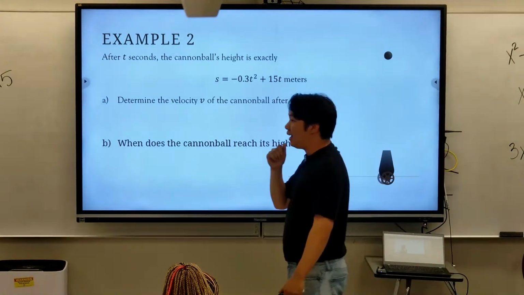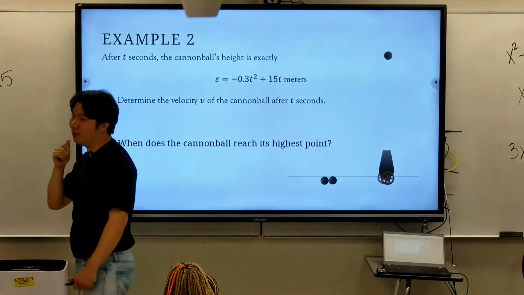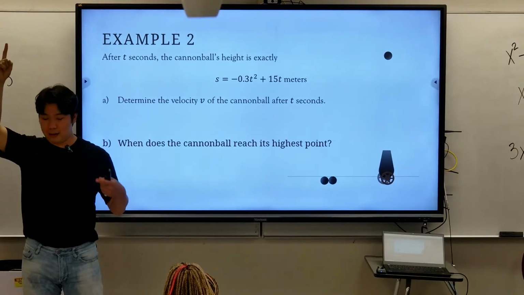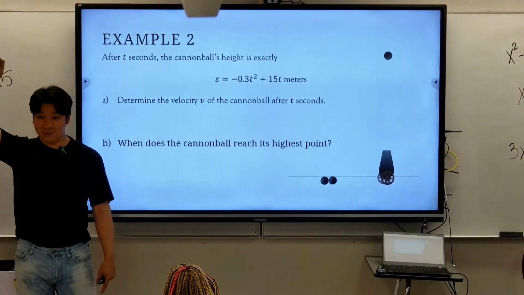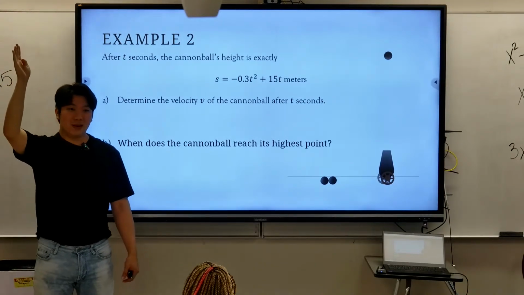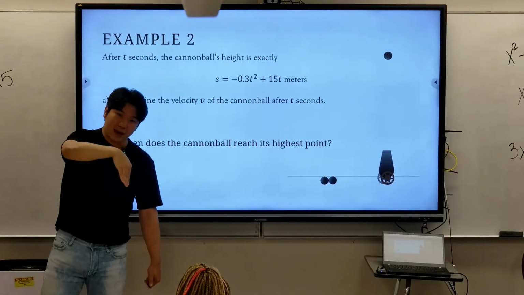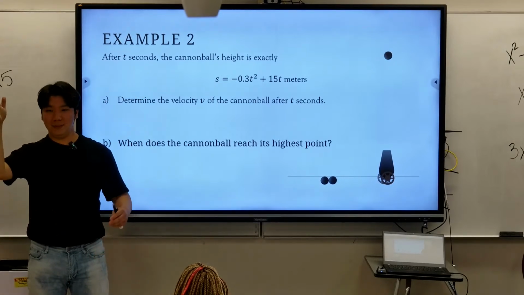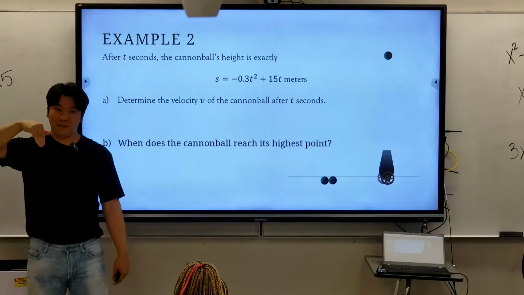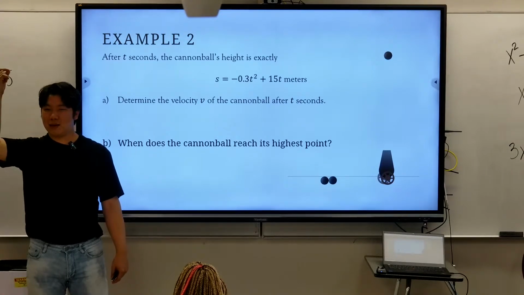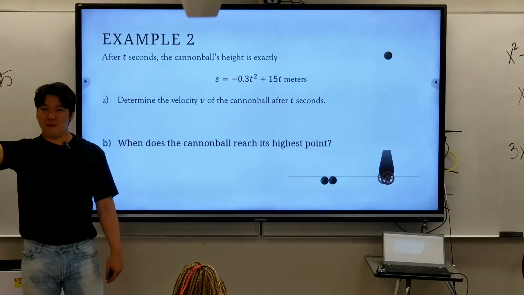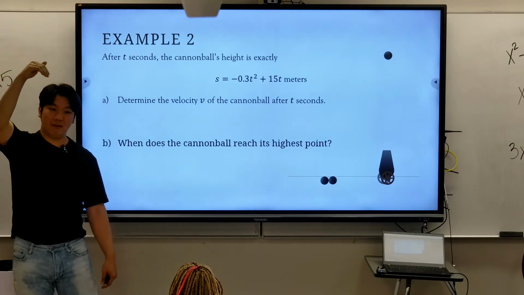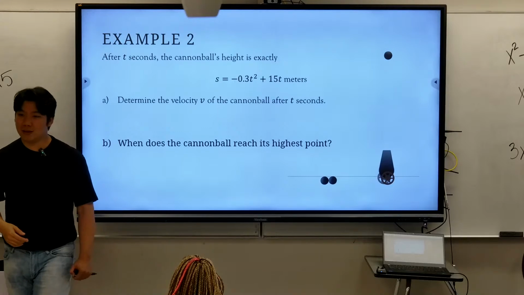It does have to have a negative acceleration, but strictly talking about velocity, whenever it's going up, is my velocity positive or negative? Positive, right? What about whenever it starts going down? Negative. So to go from a positive velocity to a negative velocity, that means there has to be a point where my velocity is 0, because it goes from positive, 0, and then negative.